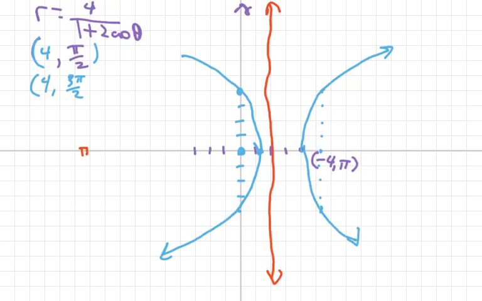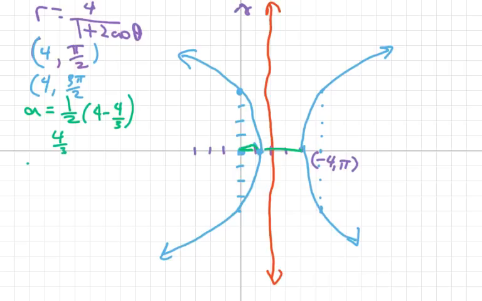Alright, now all we have to do is get our center and our foci. So basically, the way you do that is we're going to find a. a equals 1/2 of 4 minus 4/3. Basically, this is your 4, and then you're going to subtract this 4/3 here. So a is going to be 4/3.